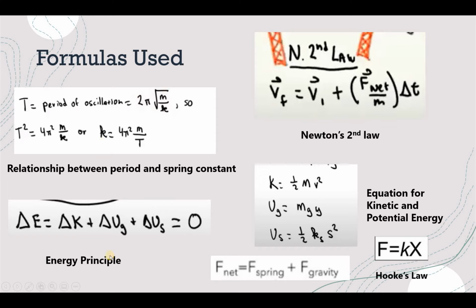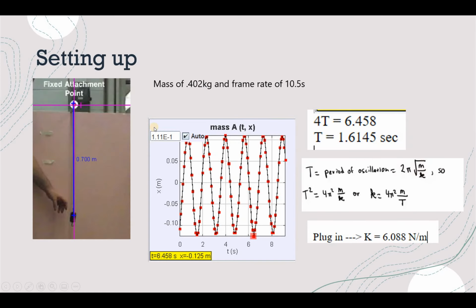Then we're going to use the energy principle, which is that the total energy is equal to all the energy components, which is going to equal 0. Then I use Newton's second law for velocity and position, and then the equations for kinetic and potential energy. We also use Hooke's law, and then figure out the F net by adding all the forces together.